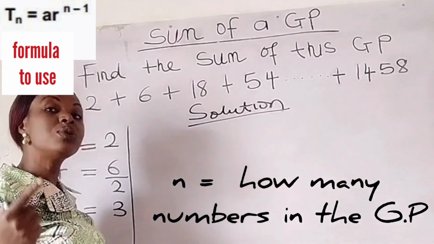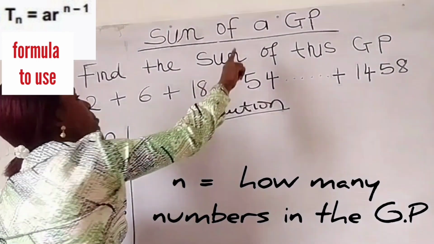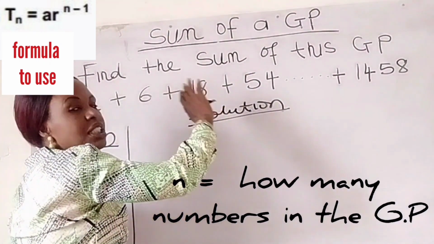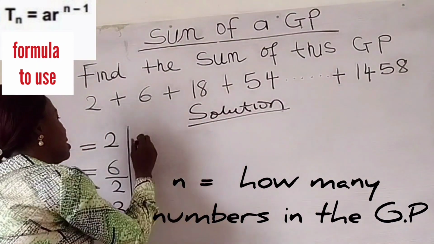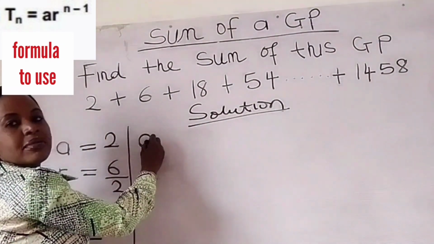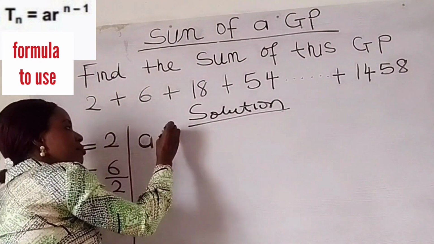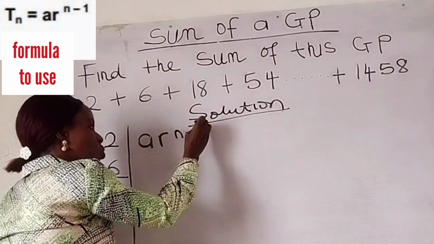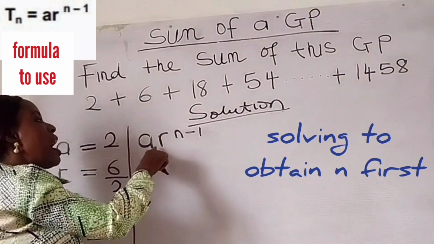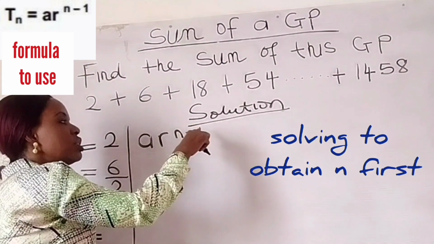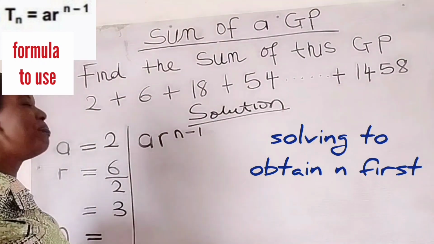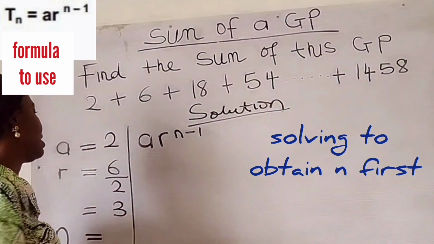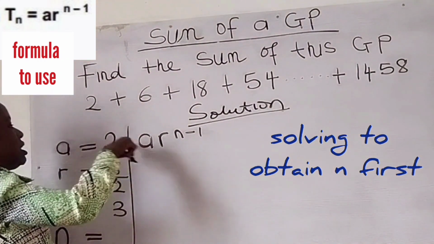How do we obtain it? We use a simple formula in GP for solving simple problems, and the formula is A R raised to the power n minus 1. Now we begin to substitute this data into the formula.